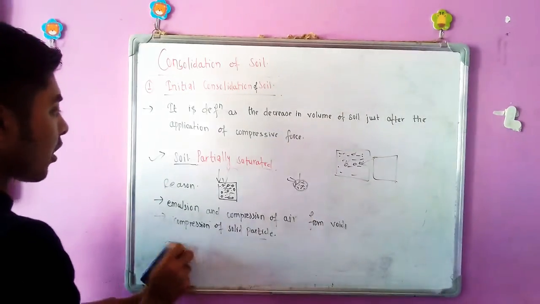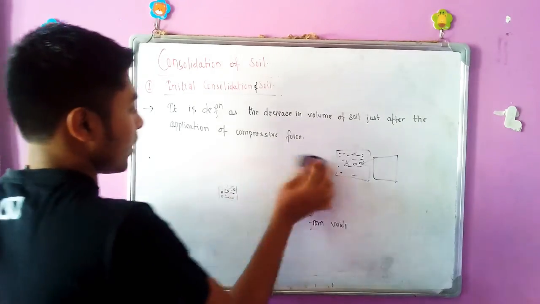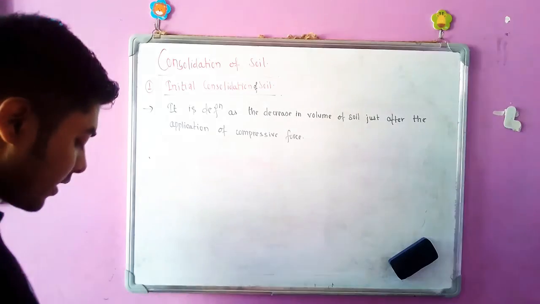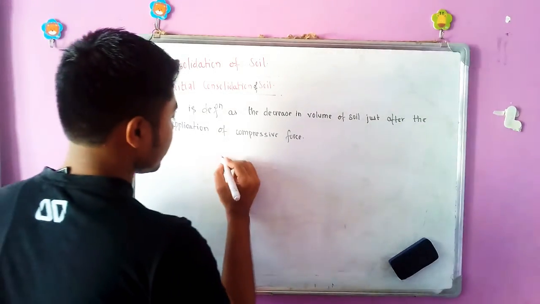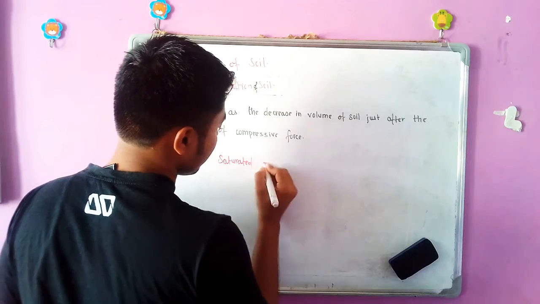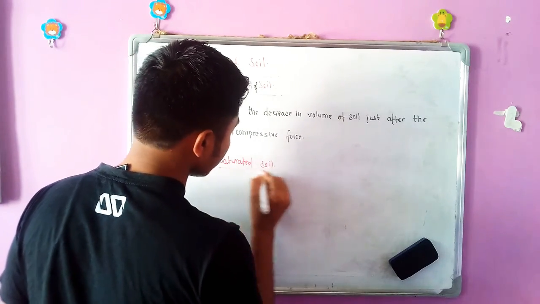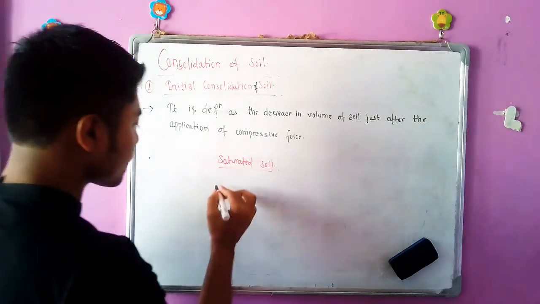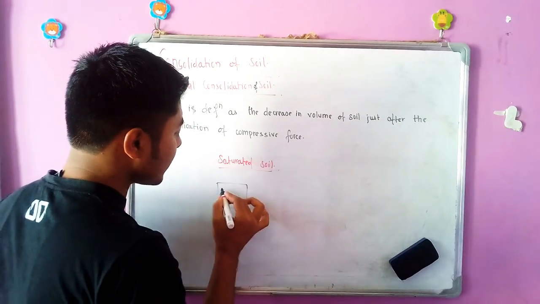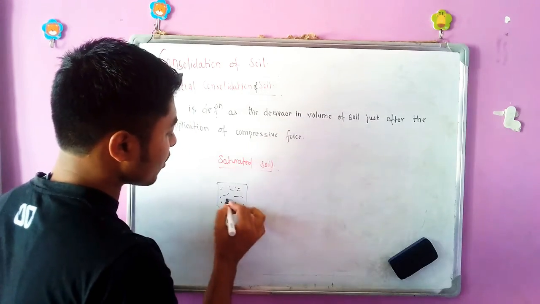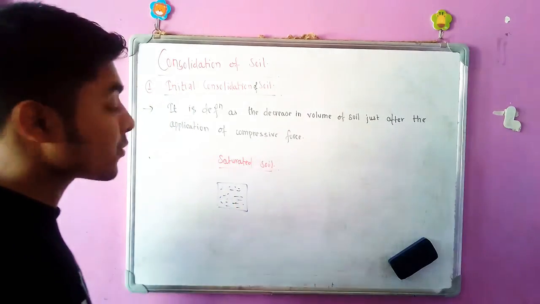So we will talk now about saturated soil. If soil is saturated, what will be the case? Saturated means it is full of water, the amount of water it requires. It means there is no space for air.